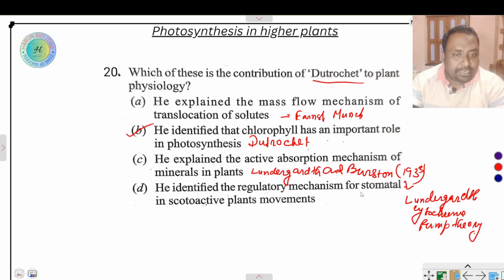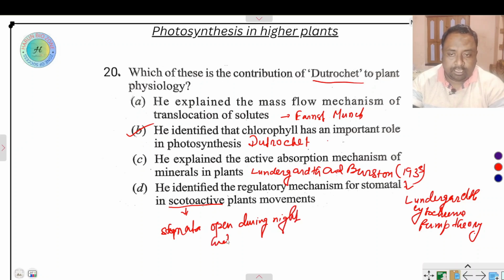Identify the regulatory mechanism of stomatal movement. Scotoactive movement means the stomata open during night and close during day.